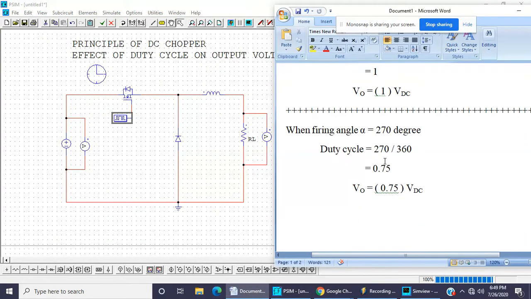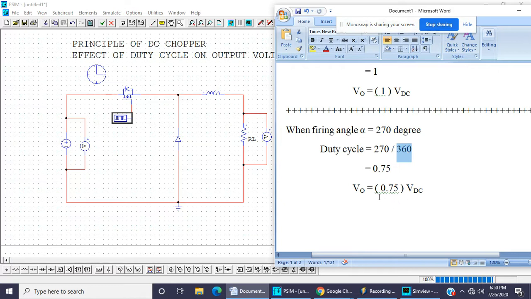So in the case of 270, duty cycle is equal to, this is on period T on, and this one is total time T. Duty cycle is equal to 270 divided by 360 is equal to 0.75.